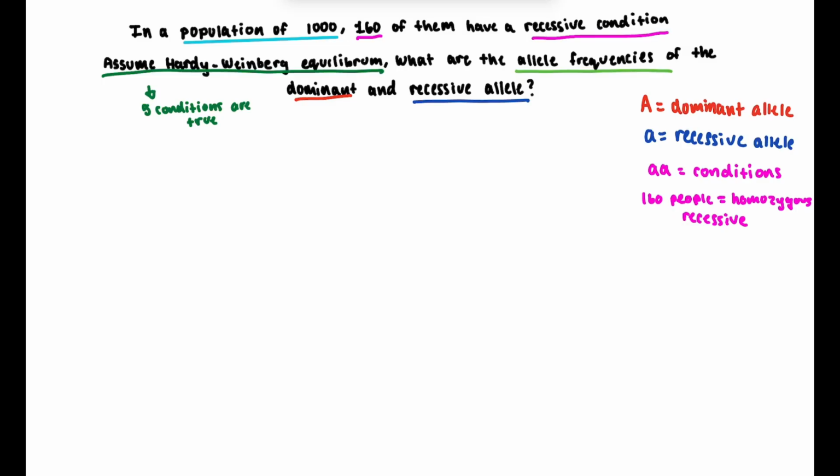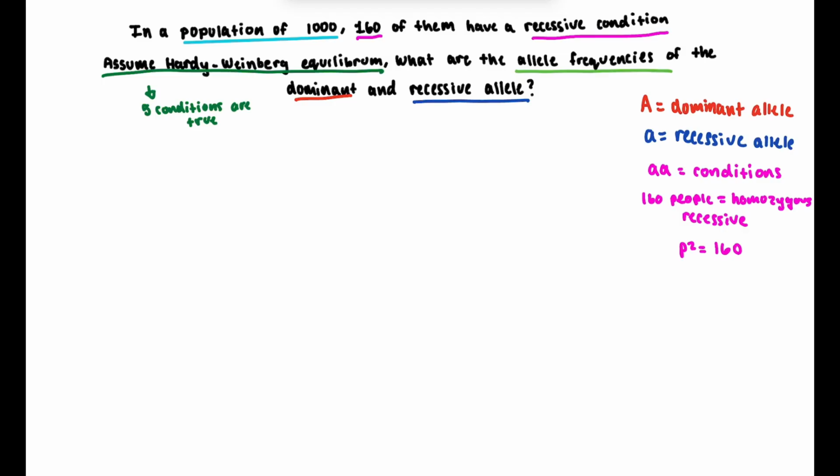So if 160 people are homozygous recessive, then we know based on the genotype frequency equation that q squared is equal to 160. And we know it's out of 1,000 people.